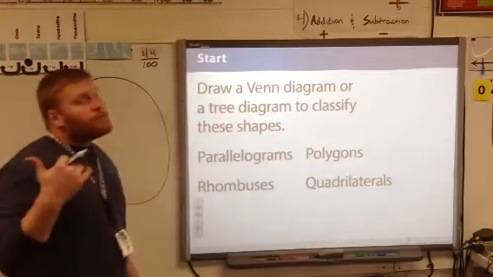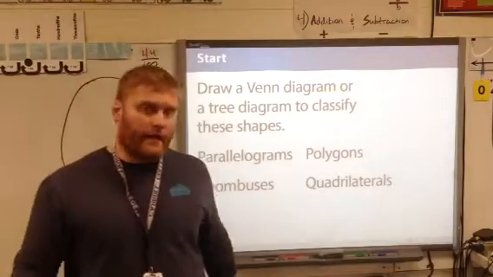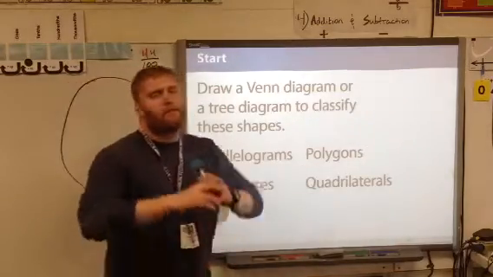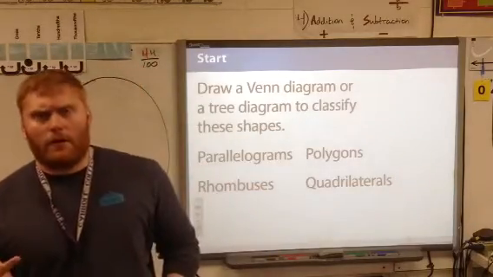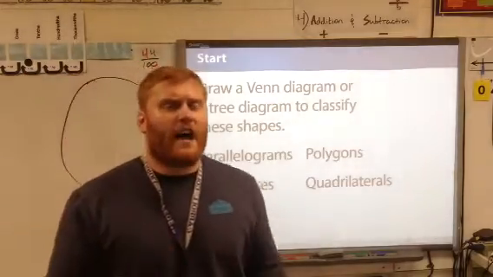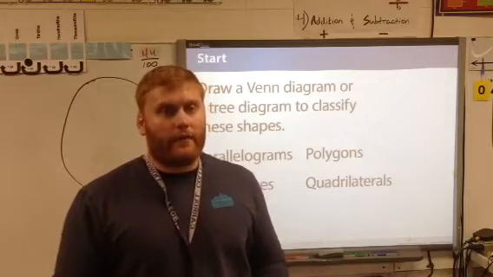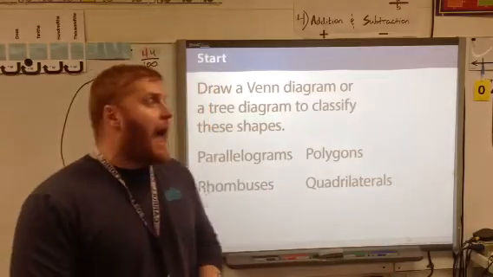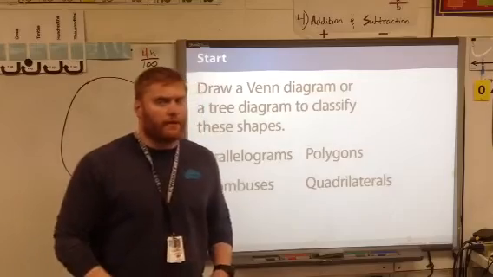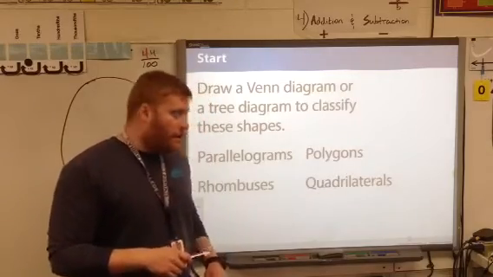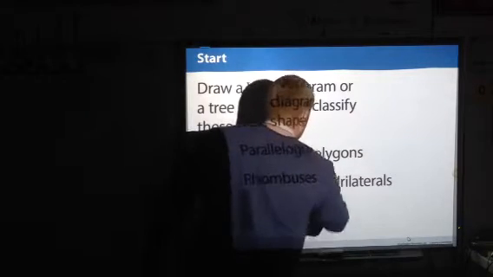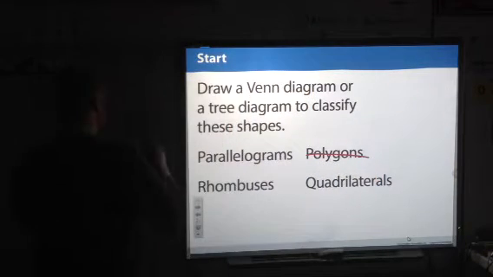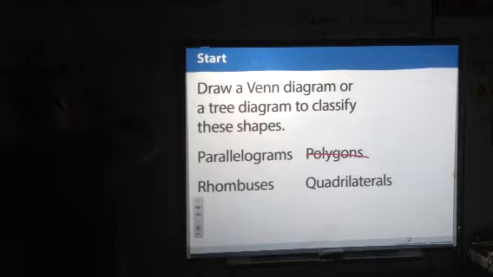If you remember from your reading and from previous videos, we know that polygons are absolutely the most general, because all they have to be is a two-dimensional figure with sides and angles. That's it. Every single shape we've introduced this week and last week has been a polygon. So I know that my most general and outermost circle is going to be polygons, because all of the remaining shapes are polygons.